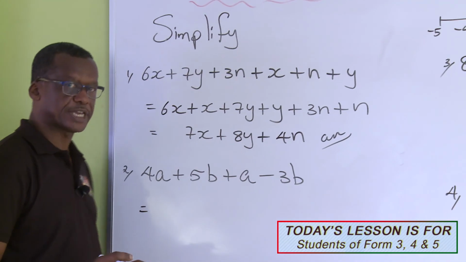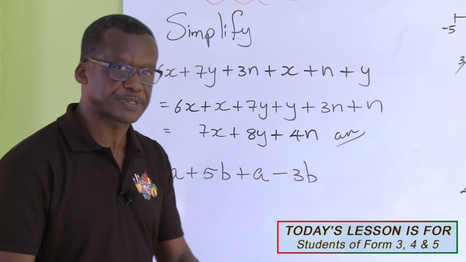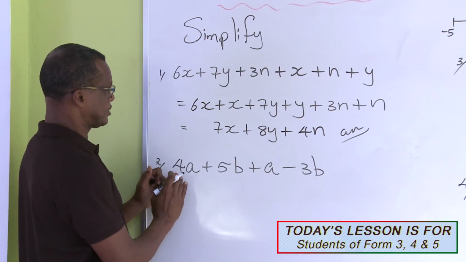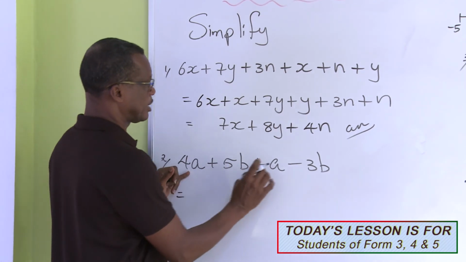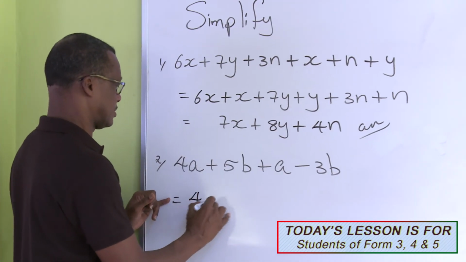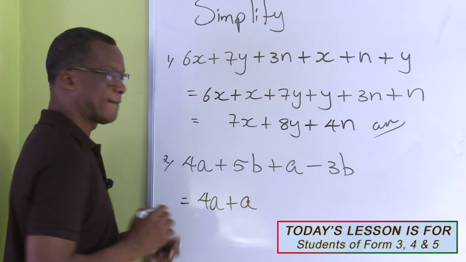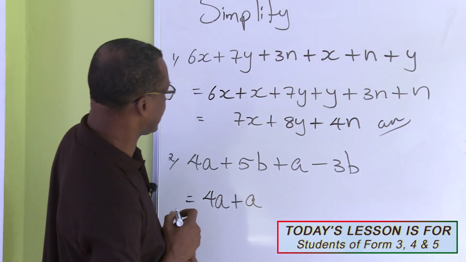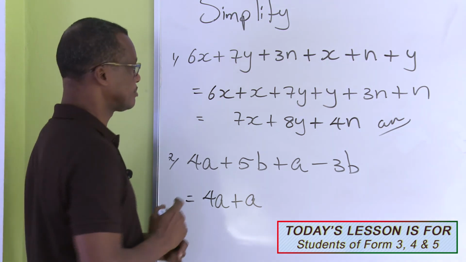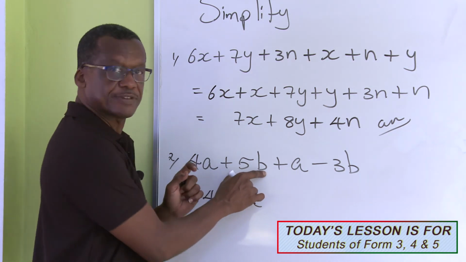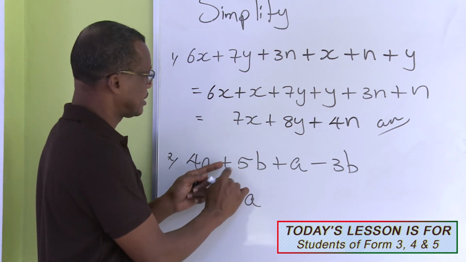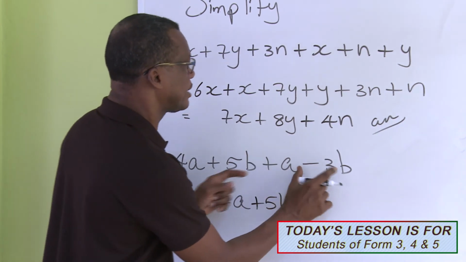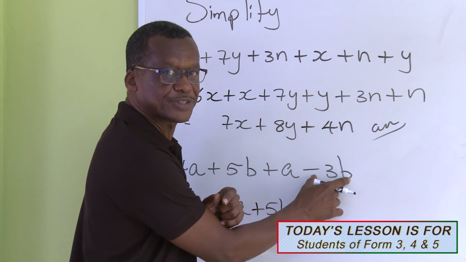Again, remember the steps. We group in the like terms, keeping the sign. So, first set of like terms: there's 4a plus a. Are there any more like terms in a? No, that's all. But there's another set of like terms in b. There's plus 5b and there is minus 3b.